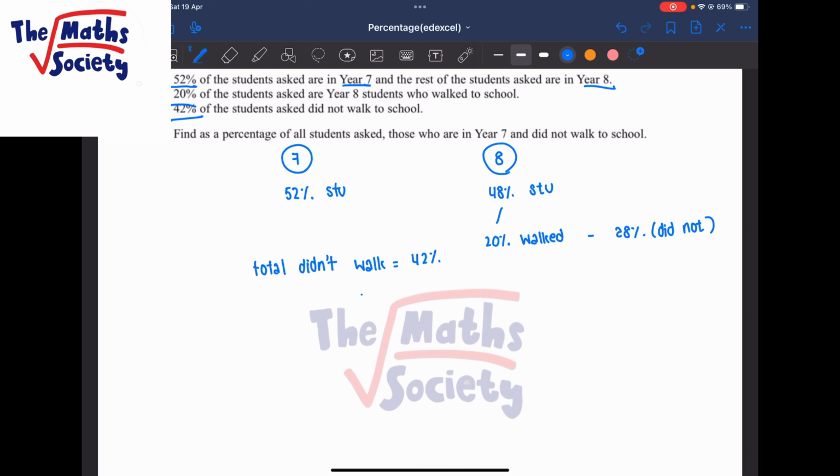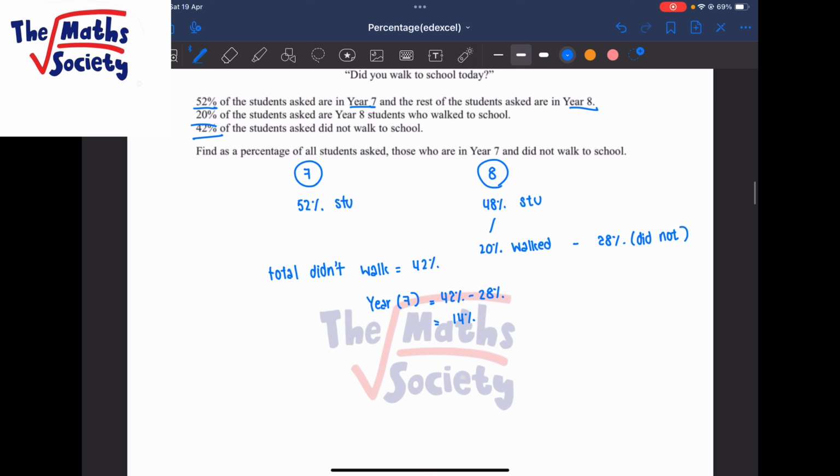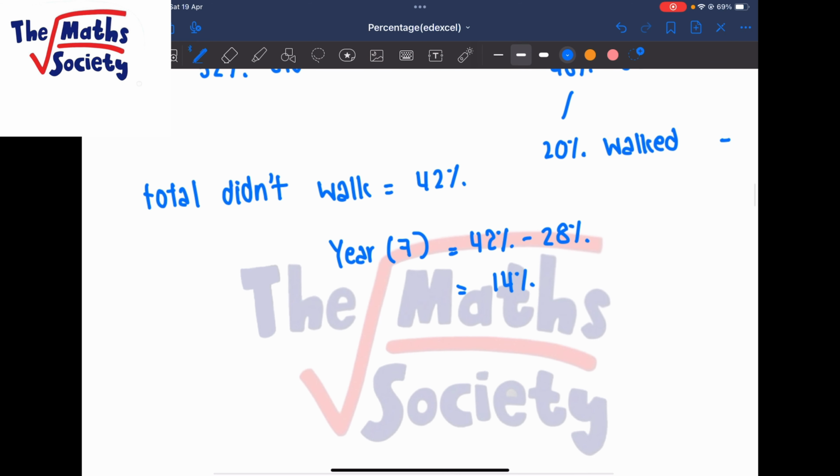So we just want to know what percent from year 7 did not walk to school. So it has to be 42% minus 28%, which gives an answer of 14%, the percentage of year 7 students that did not walk to school.